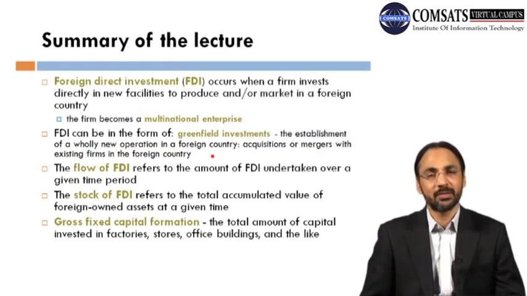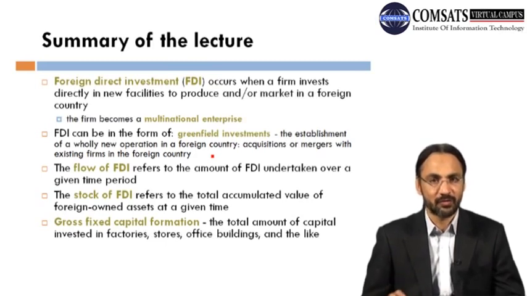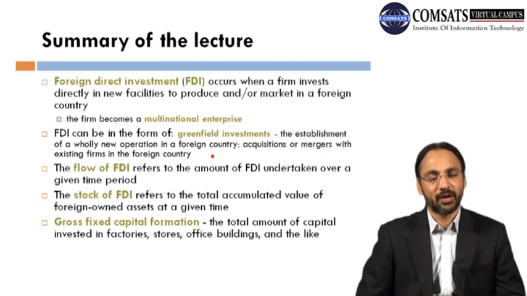The next term we studied in the last lecture was the flow of FDI, which refers to the amount of FDI undertaken over a given period of time. Normally it is considered in terms of years. The next one is the stock of FDI. Stock of FDI refers to the total accumulated value of foreign-owned assets at a given time.